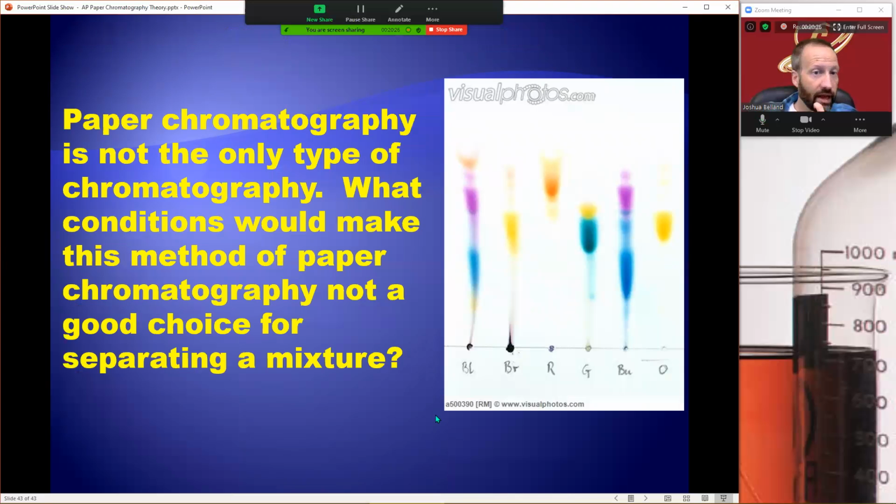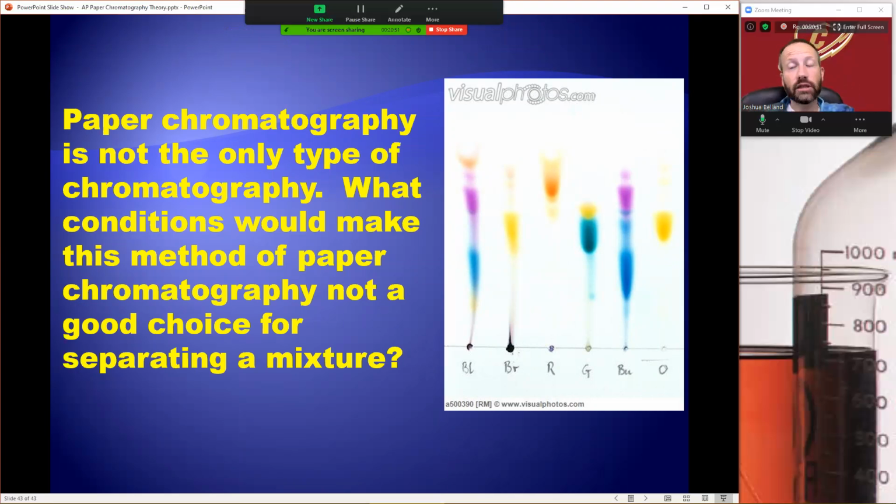Okay. And again, I said this at the beginning. But paper chromatography is not the only kind of chromatography. In fact, when would paper chromatography not be a good choice for separating a compound? Well, if your compound doesn't stick to paper, it's not a good choice.